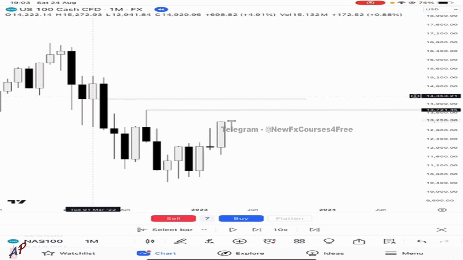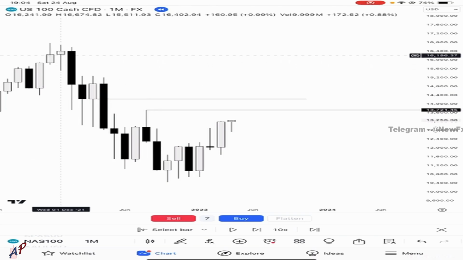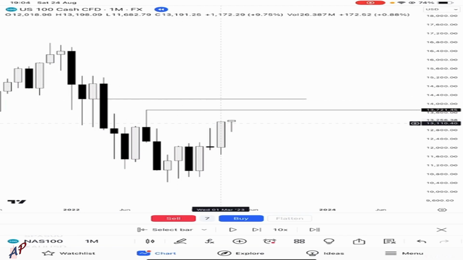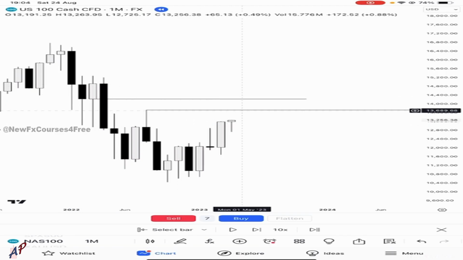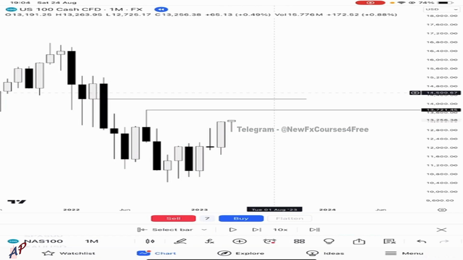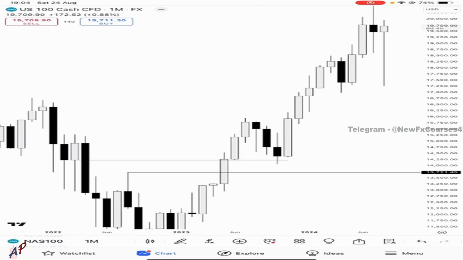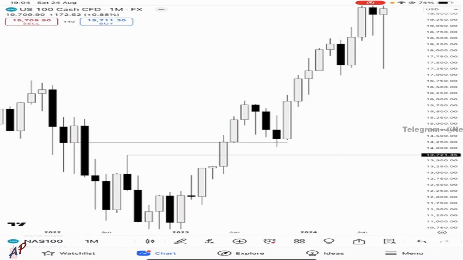You can target the high itself, or what is just above this monthly propulsion block, because it's built inside another block, this consecutively up close and also break. So it's a propulsion block, and price is very likely to reach this, and then we want to see what it does. It can reverse in the 3 month block, or it can go higher.